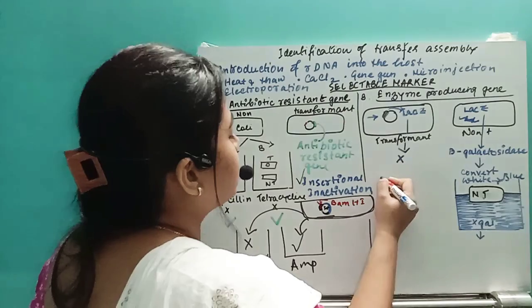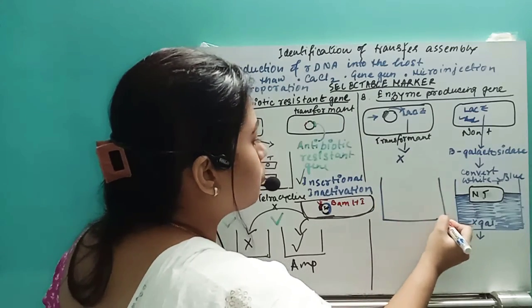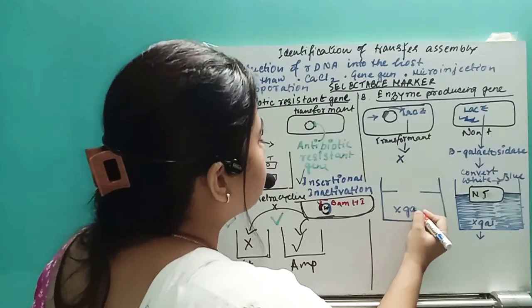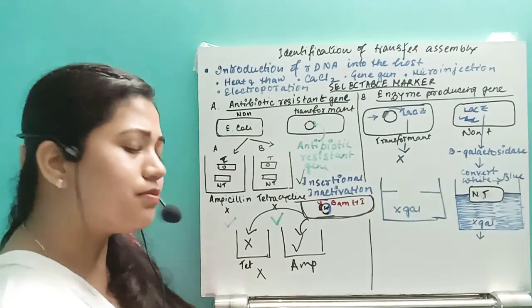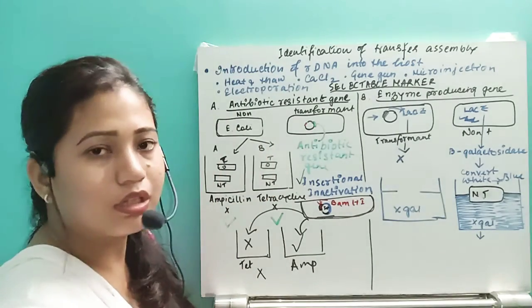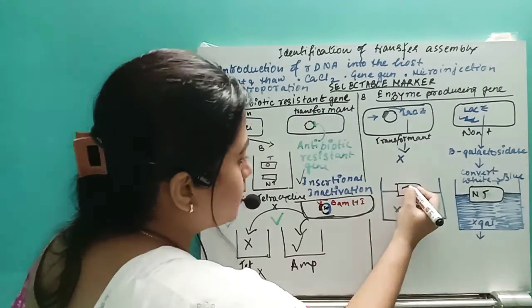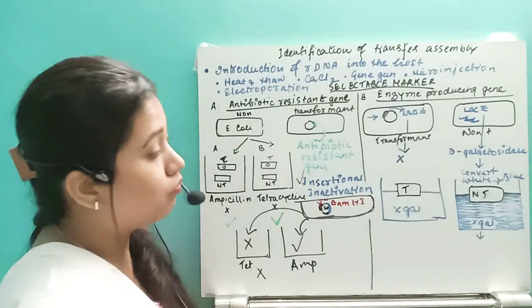So if you then insert it into the chromogenic substance, suppose X-gal, the white color of the X-gal, will it be converted into blue color? Is it possible for it to convert into a blue colored liquid? Never. Why?